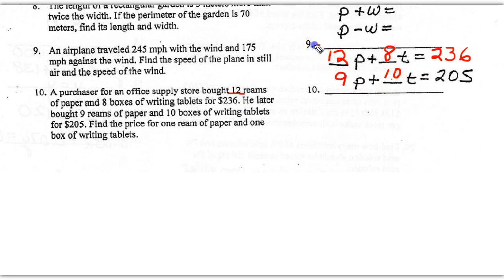Well, you have to modify this equation, and then later this equation, so one of these would cancel out. So if I multiplied, let's say, this first equation by a negative 10, this would become a negative 80t.